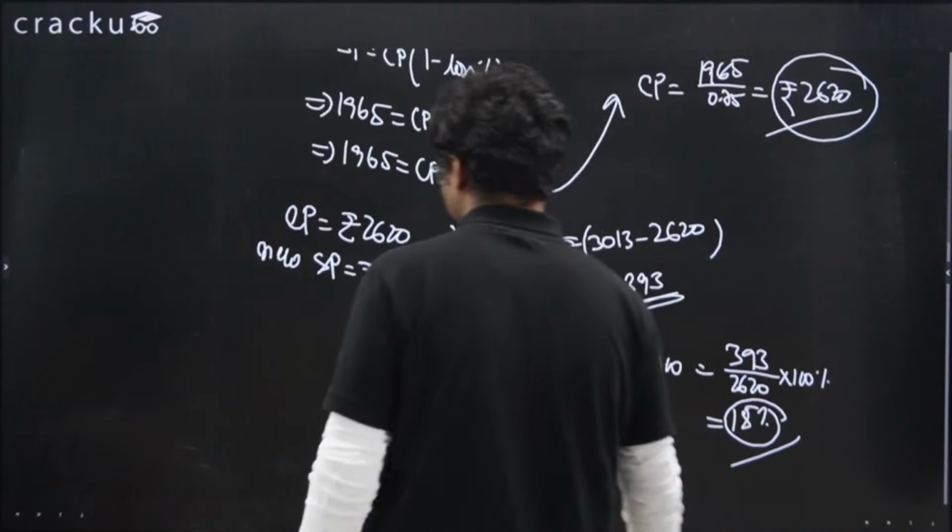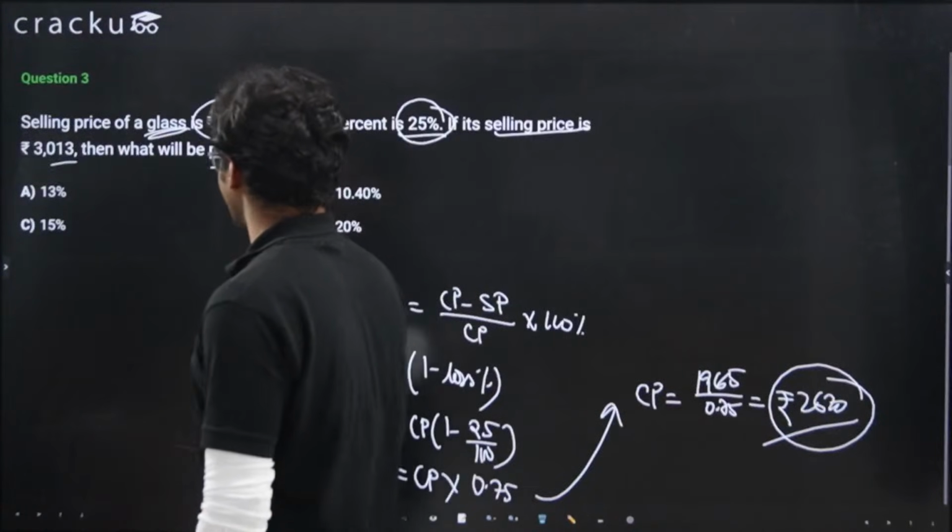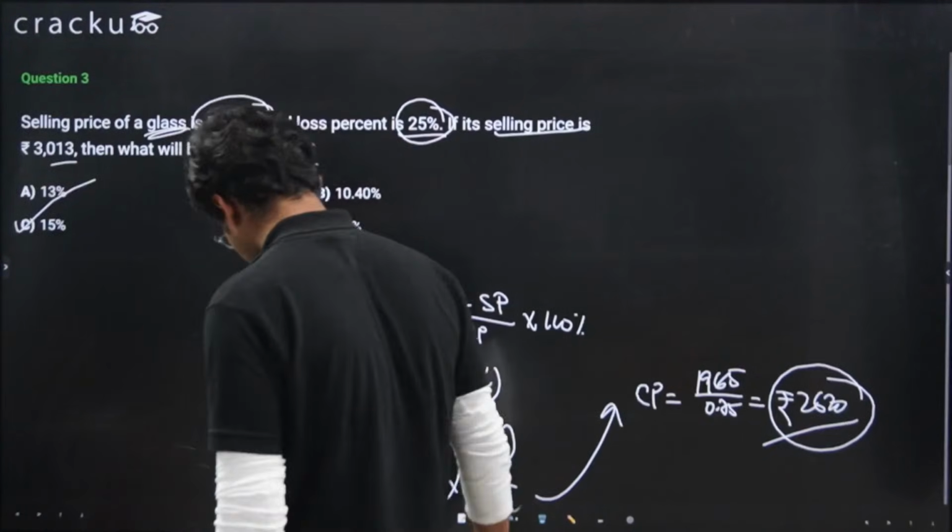So the profit percentage is 15%. So the correct answer is option C, 15%.